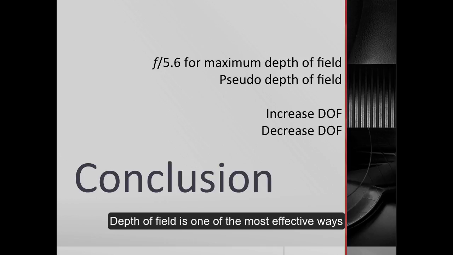Depth of field is one of the most effective ways to direct the viewer's attention in a photo. I really enjoy fun tricks on depth of field. One thing I did mention was the aperture priority mode. We mentioned that about shooting through the fence and how you can put your camera, if it's available, to that mode.